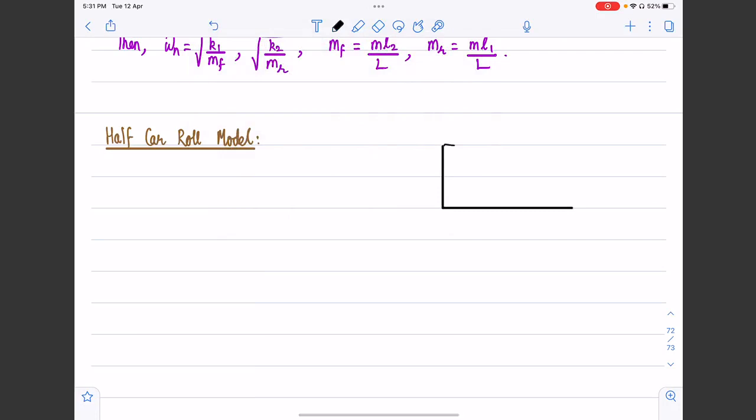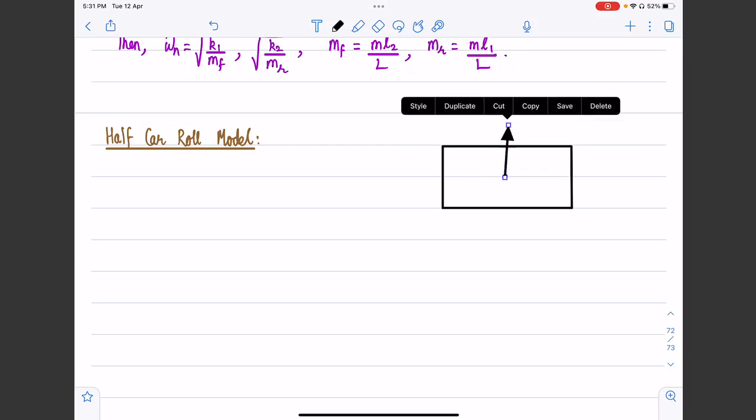So this is our sprung mass, and this is our CG. Once again, we are going to have a heave motion, which we denote by ZT.